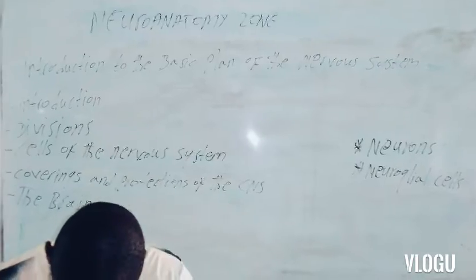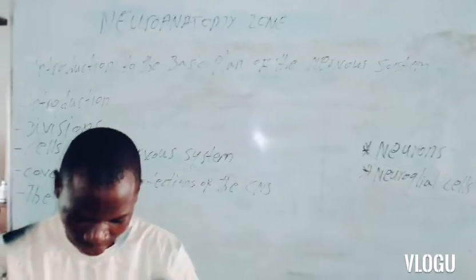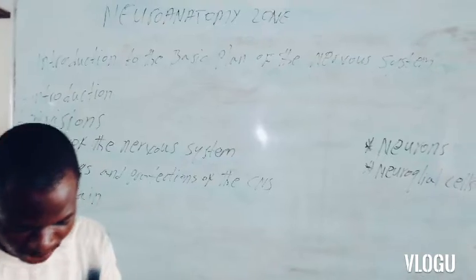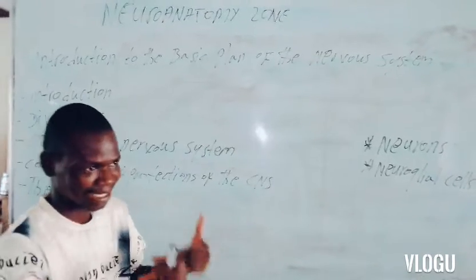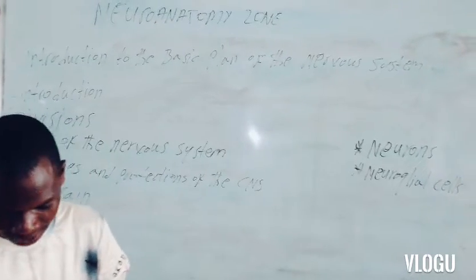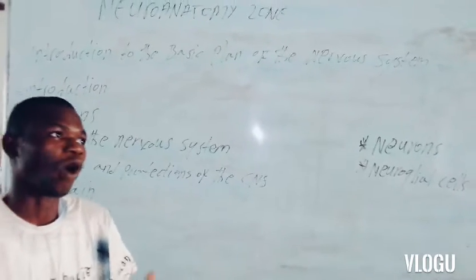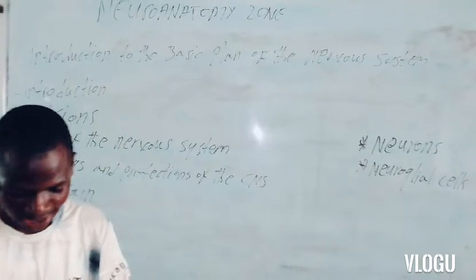Now, the nervous system is involved in the control and coordination of the body. It also adjusts the body to both the external and internal environment, and helps to regulate all voluntary and involuntary activities.